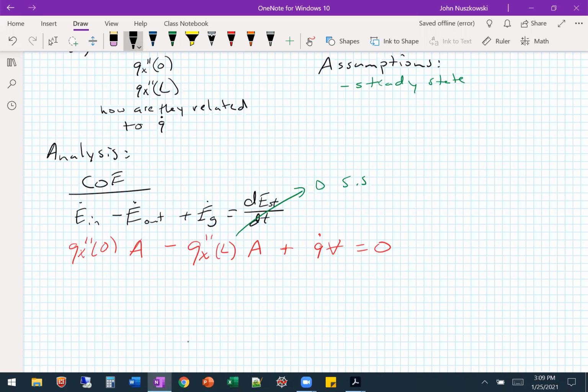All right, so we have this so far. So how can we simplify this? Areas are not changing, so we can cancel those out and the volume becomes just area times L, so the area cancels.